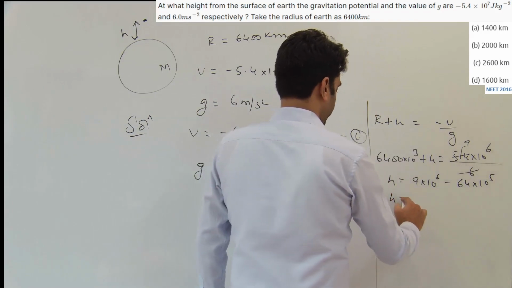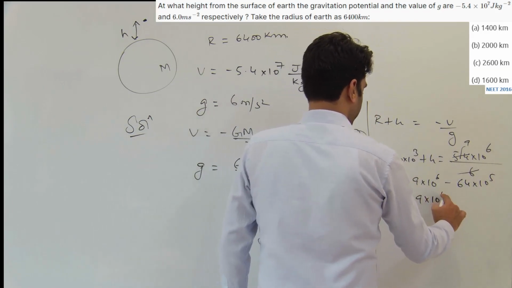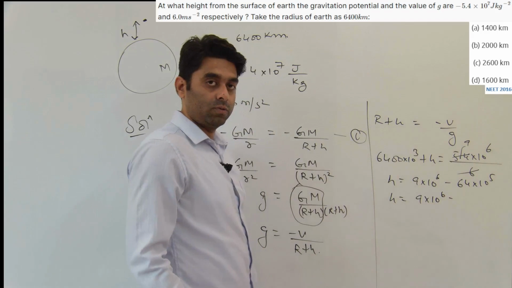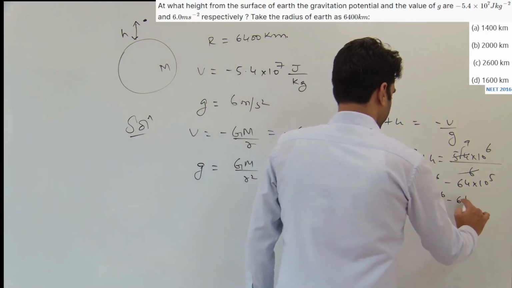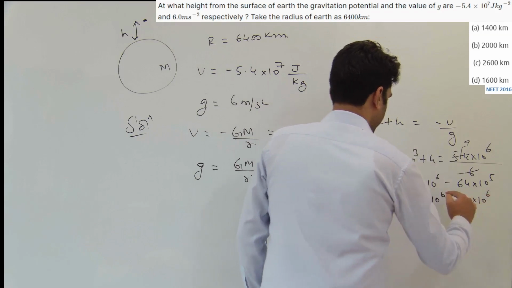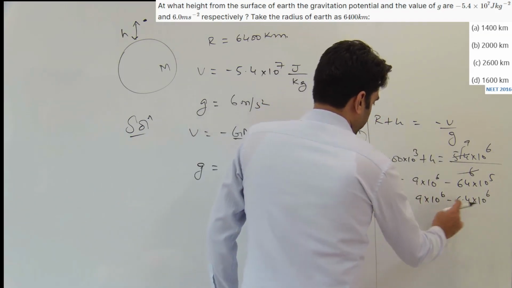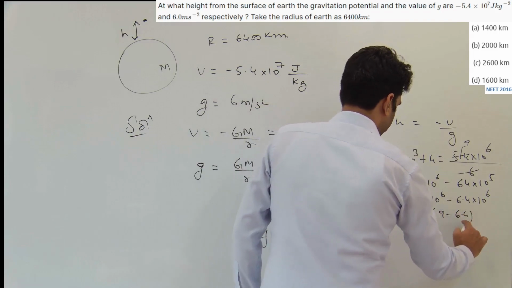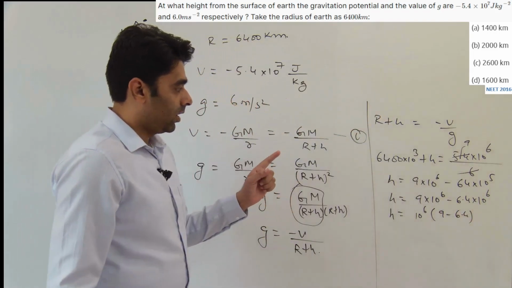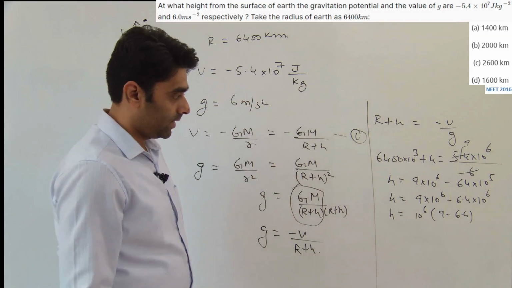Let us rearrange it further. 9 into 10 power 6 minus 6.4 into 10 power 6, right? If we simplify it further, 10 power 6 can be taken common. 9 minus 6.4, how much will it be? 2.6, right?